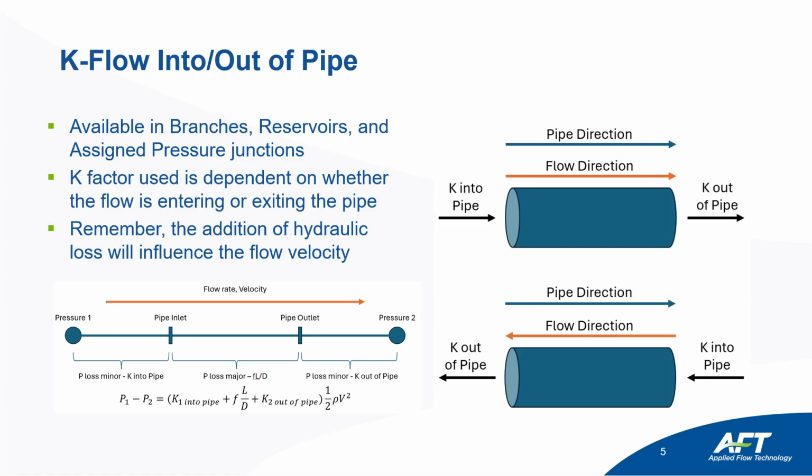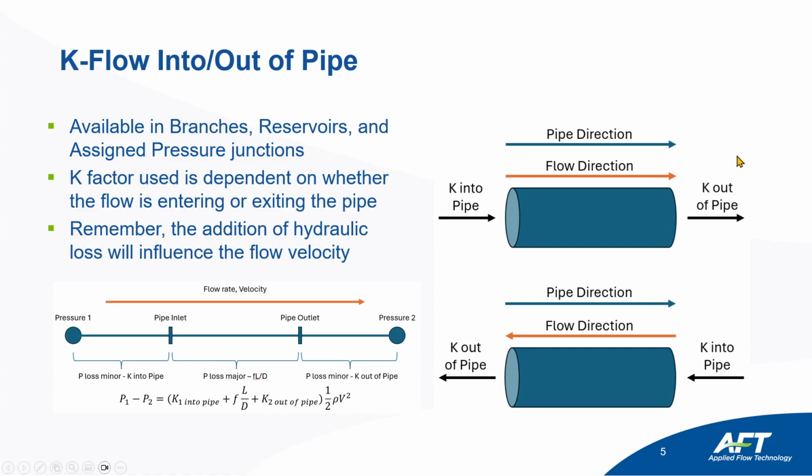Starting with the K flow into out of pipe. This is going to be available in your branch junctions, your reservoirs, and your assigned pressure junctions. First, to clear up some confusion about which value you need to enter.